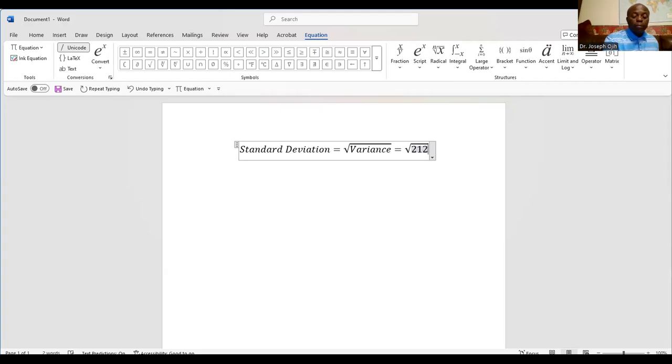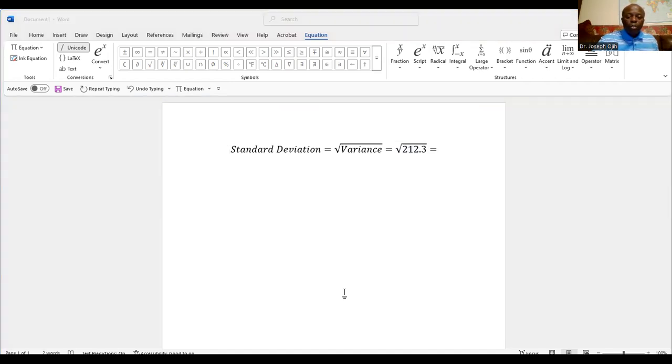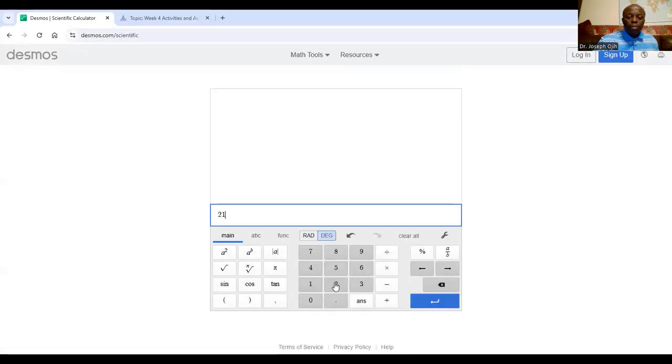So let's get it from the calculator. Square root of 212.3 gives me 14.57 or 14.6.